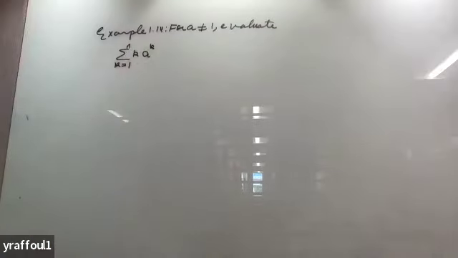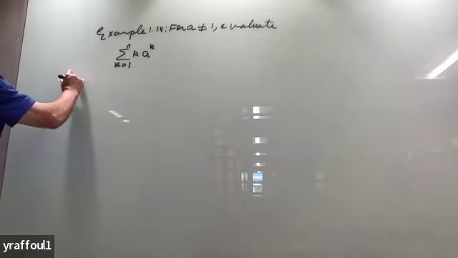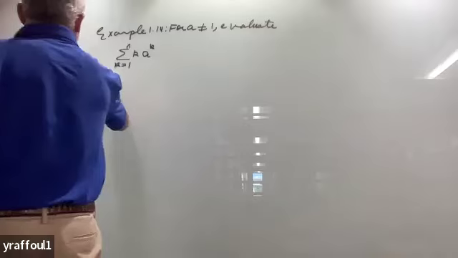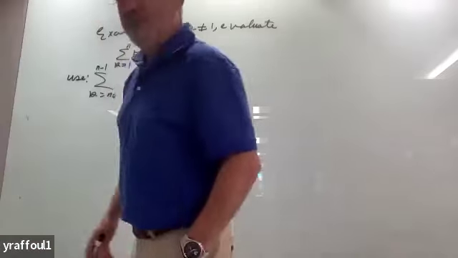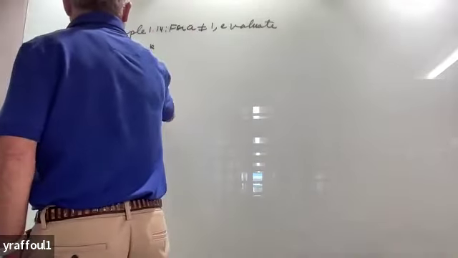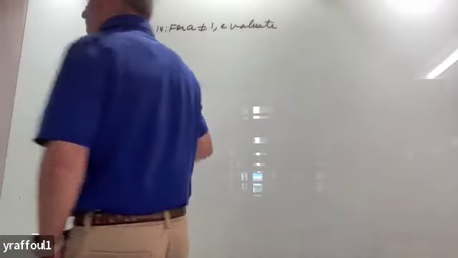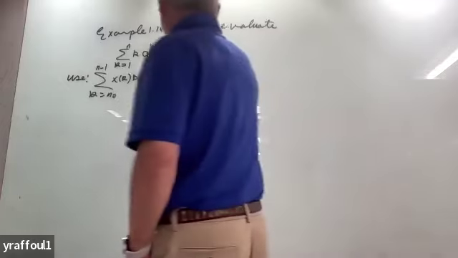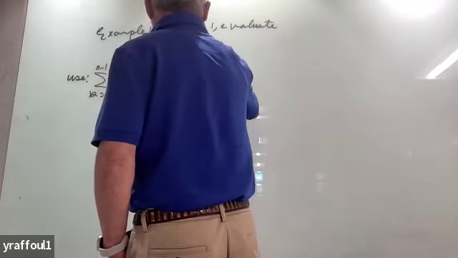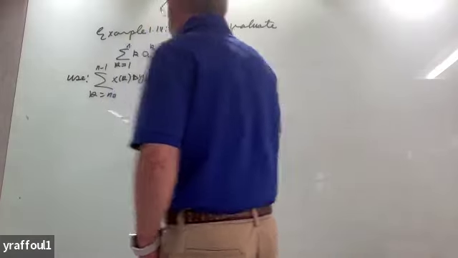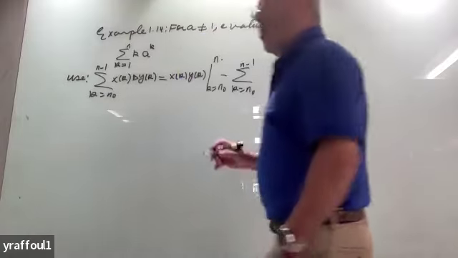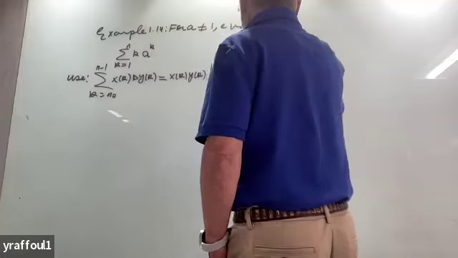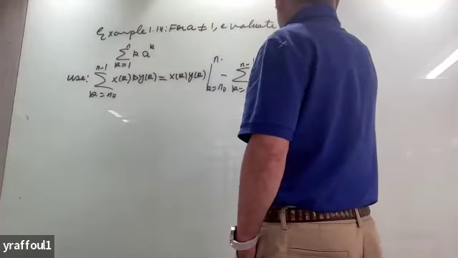Okay, so let us use this formula here. I'm going to rewrite the formula for you: the sum from k equal n0 to n minus 1 of x_k del y_k equals x_k y_k from k equal n0 to n, minus the sum from k equal n0 to n minus 1 of del x_k E y_k.